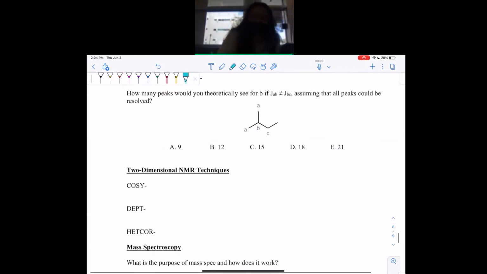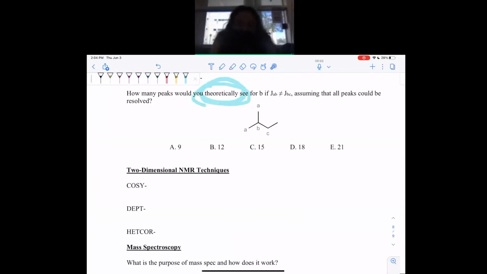All right, my favorite question. And by that I mean I hate it with my whole heart. So this lovely word, theoretically, right? He does that to trick you. So the J value between A and B and B and C are actually going to be exactly the same because all of these carbons are sp3.